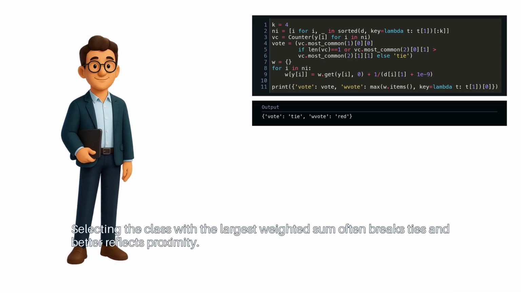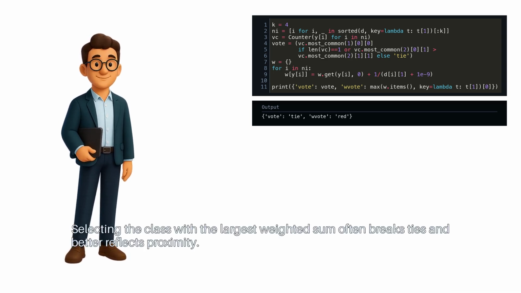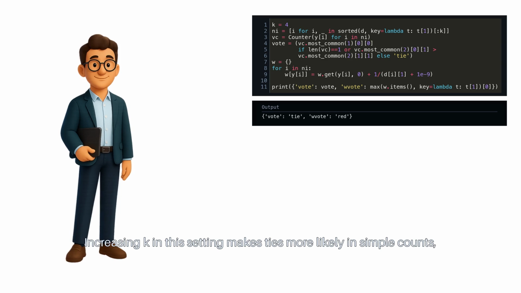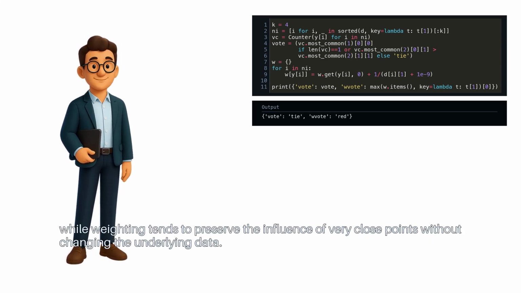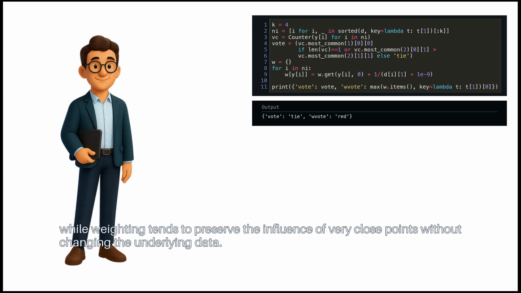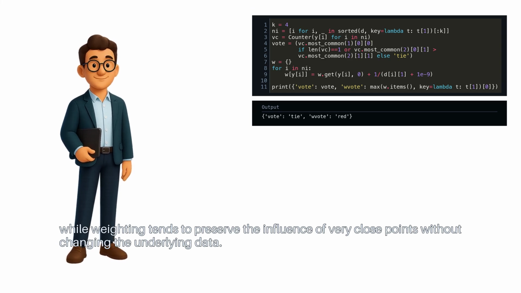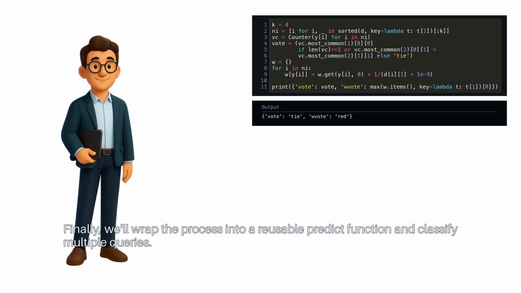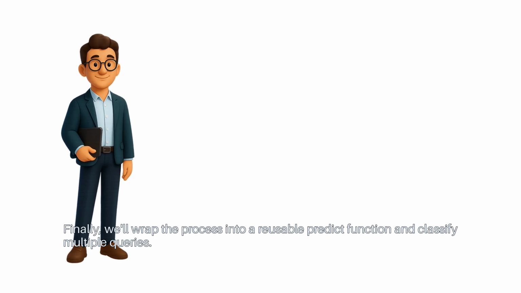Selecting the class with the largest weighted sum often breaks ties and better reflects proximity. Increasing K in this setting makes ties more likely in simple counts, while weighting tends to preserve the influence of very close points without changing the underlying data. Finally, we'll wrap the process into a reusable predict function and classify multiple queries.